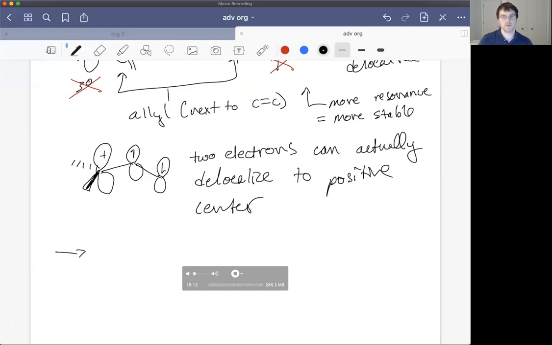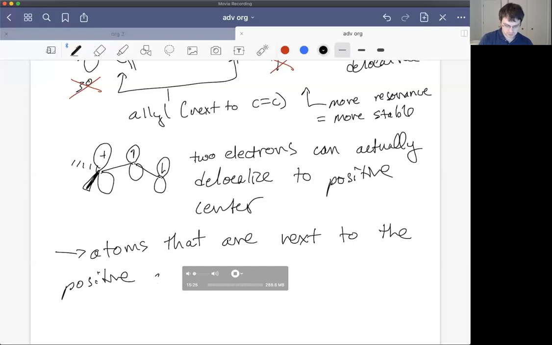So it turns out that atoms that are both, let's say it this way, both next to the positive charge and have lone pairs, provide additional stability.